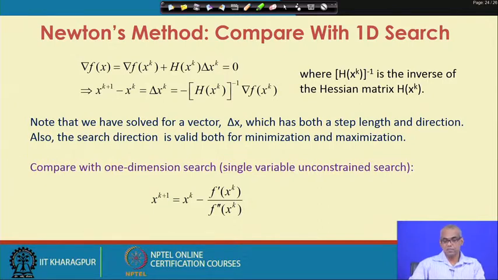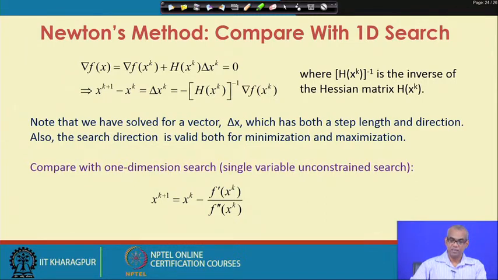You compare this with what we learned for one dimensional search. So, that was x k plus 1 equal to x k minus first derivative divided by second derivative.